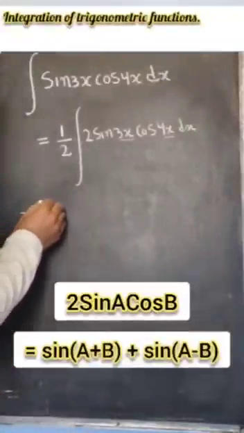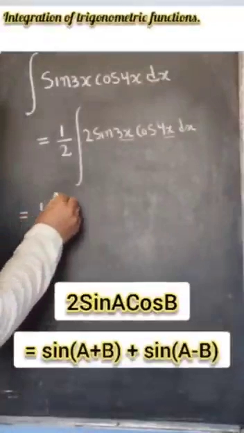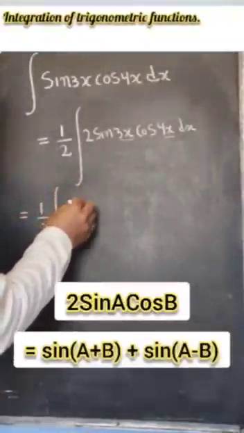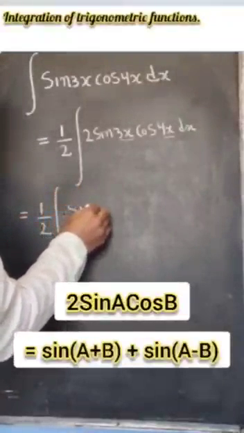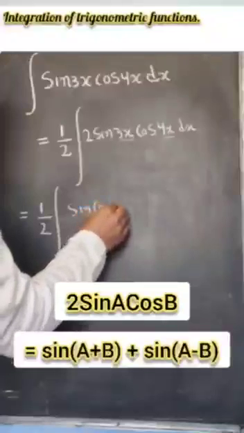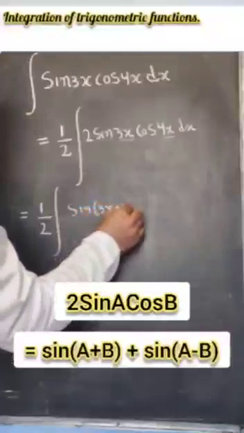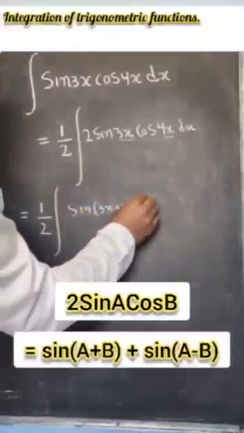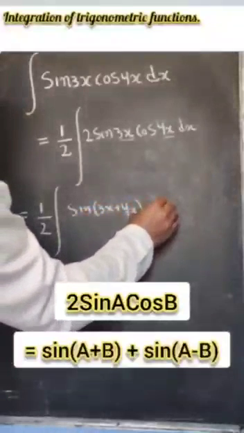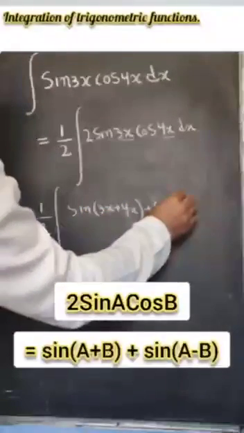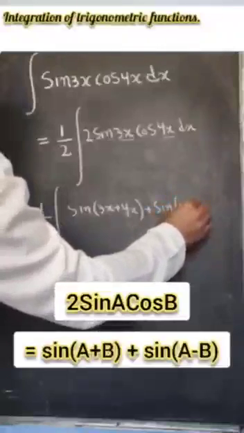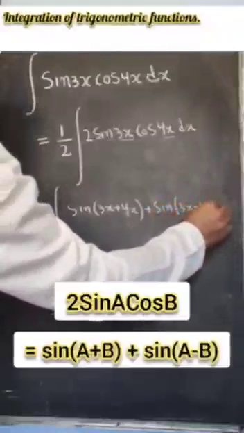So we can write it is 1 by 2 integral sine 3x plus 4x plus sine of 3x minus 4x.